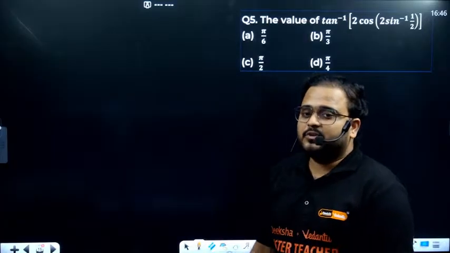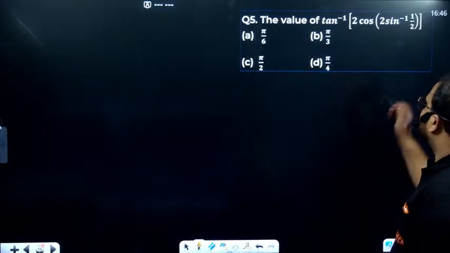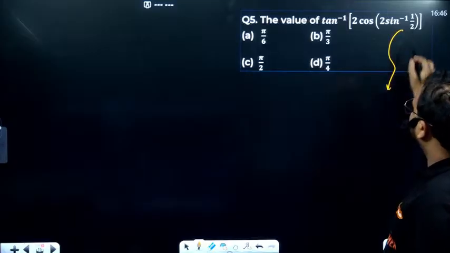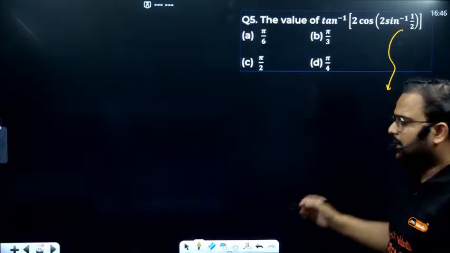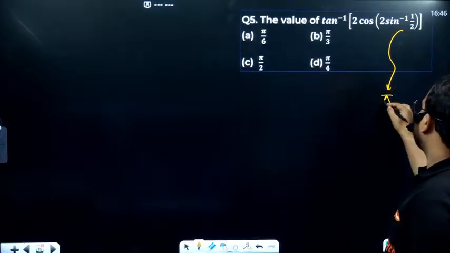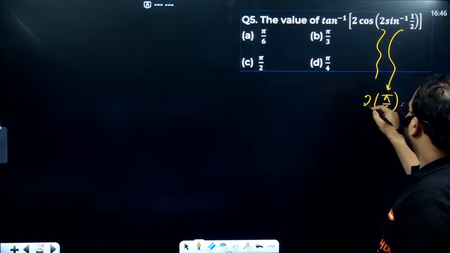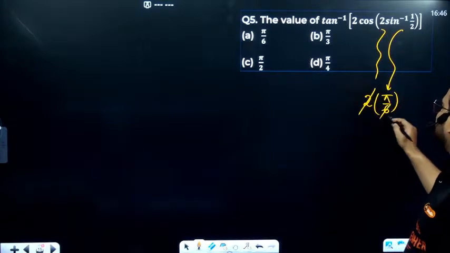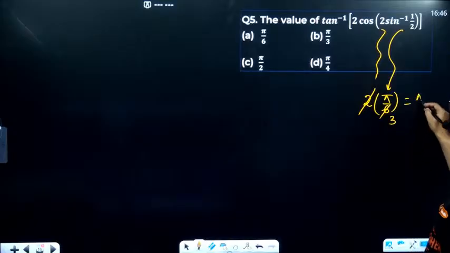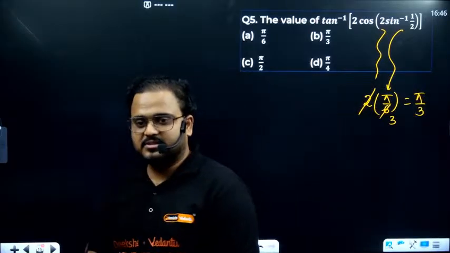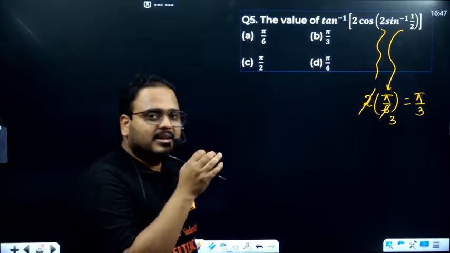The value of tan inverse 2 cos sine inverse of 1 by 2. So of course you have to start from here only. Sine inverse of 1 by 2 is how much? Pi by 6 into, we have outside, what is it? 2. Check this out. This will cancel. I get here pi by 3. This is just the first bracket, the inside one.